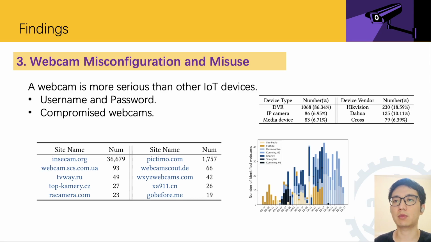As for compromised devices, we use honeypots to capture malicious traffic and detect the compromised webcams based on our fingerprinting technology. If webcams are not compromised, they should not access our honeypots. Over 86% of the compromised webcams are digital video recorders.